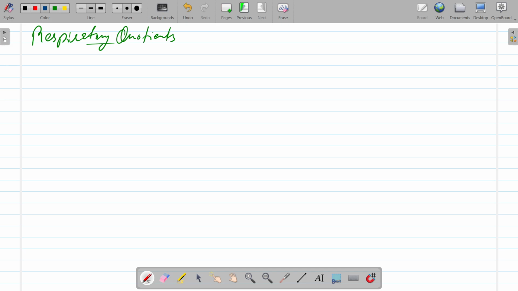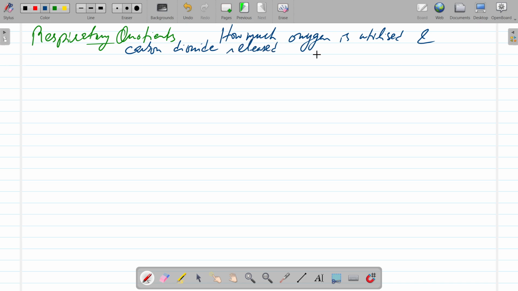Now, what is a respiratory quotient? It is a measure of how much oxygen is utilized and carbon dioxide released when respiring.